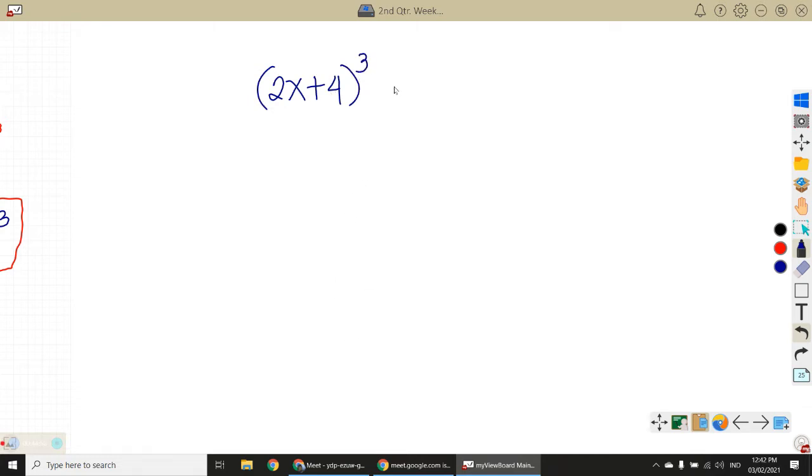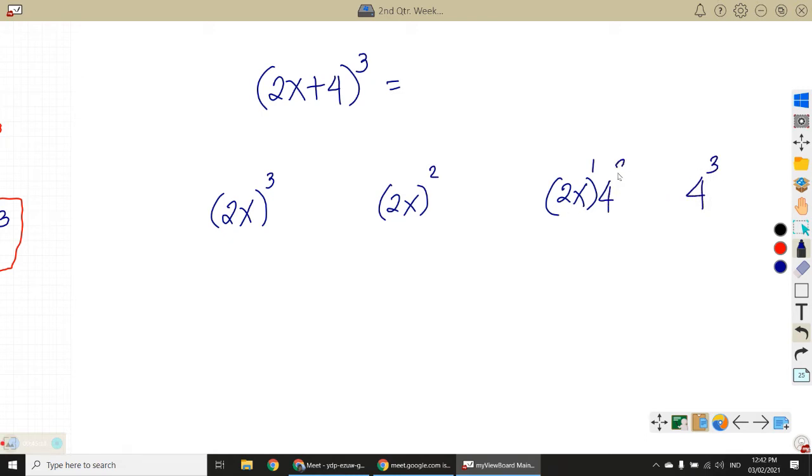So, ulitin ko yung process na ginawa ko. 2x, yung buong expression, cube. Another one, 2x, yung buong expression, squared. Another one, 2x raised to 1. Hindi ko na ilalagay si 2x raised to 0. Nandito yan sa part na yan. Okay? So, we have 4 cube, 4 squared, 4 raised to 1. So, hindi ko na ilalagay yung 4 raised to 0. Okay?